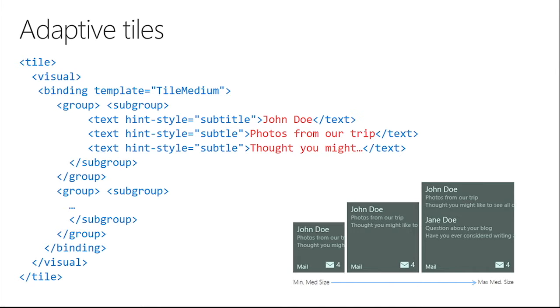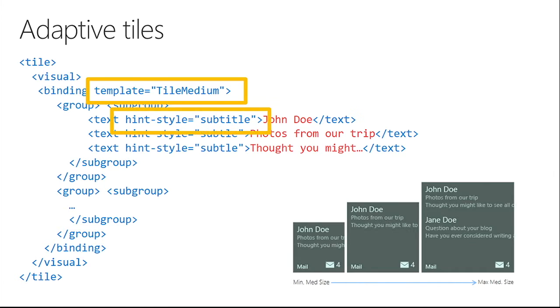And the reason I say that is a medium tile, we've got an example here, is not exactly the same size on all systems, because different systems have different start screens and screen sizes. Yes, sure, it's recognizable as a medium tile, but it might be slightly bigger on a Surface compared to a phone. So we will try and render all of this information, but that's why they're called hint styles and that sort of thing.